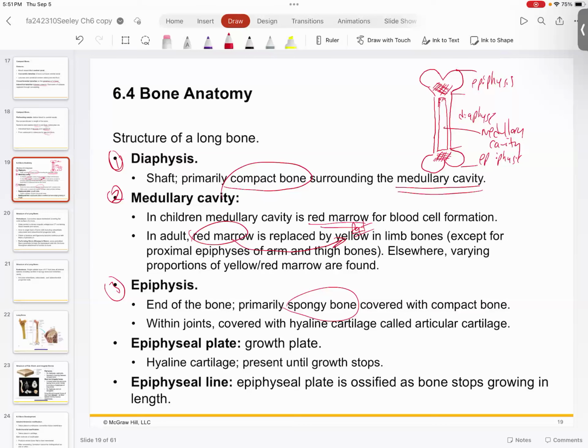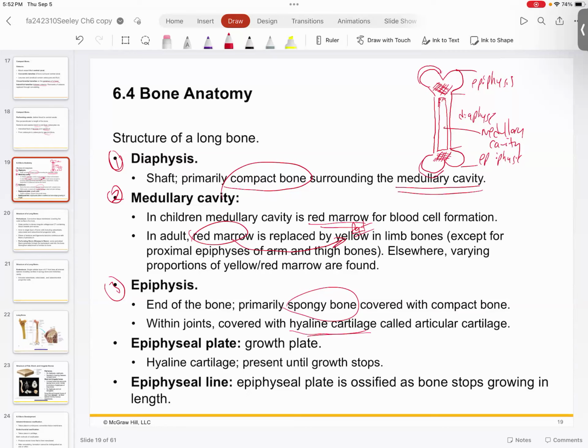And they're going to be covered around and surrounded by compact bone. So the compact bone surrounds the spongy bone. And then in joints, that articular cartilage, that hyaline cartilage, will basically cover the surface. So if it's a joint like this one here, it'll basically cover that surface.